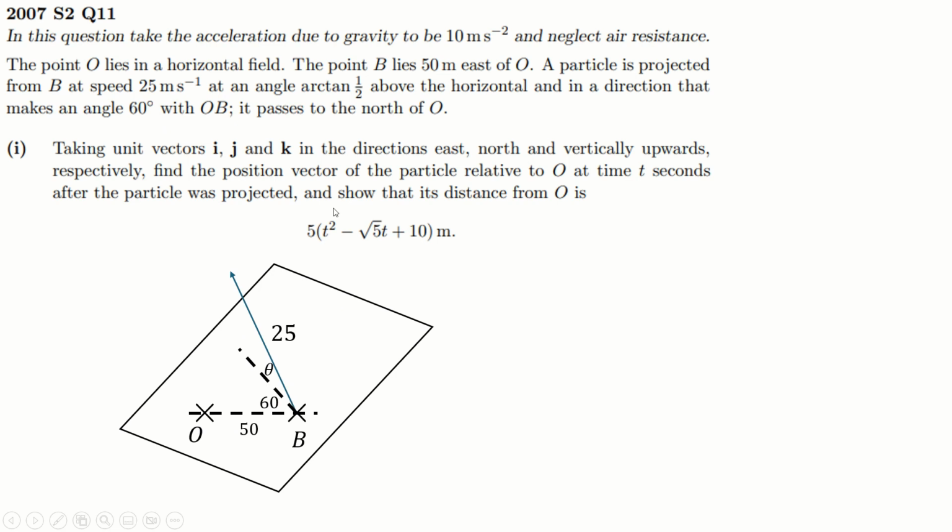And yeah, let's find the position vector at some time then. We can talk about its speed, U, having an i component, which I'm going to say is going to the right like this. Its j component is going upwards along the plane there, and then k is going out perpendicular to the plane.